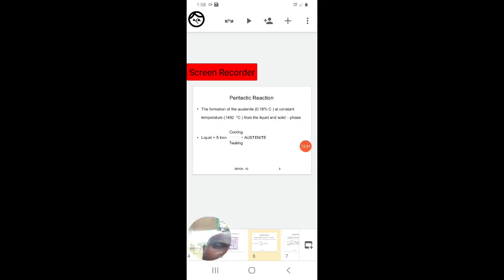Austenite is the FCC structure, which is the most useful form of iron. So liquid iron plus delta iron, on cooling or heating, gives austenite.